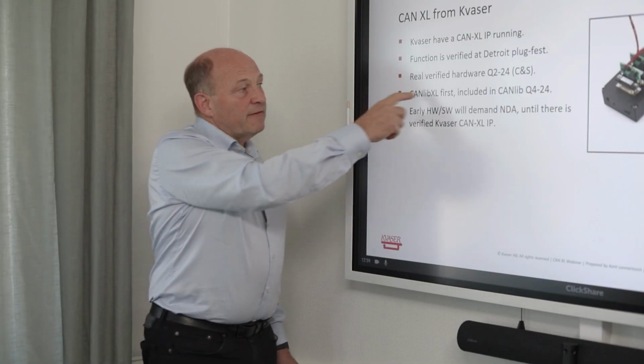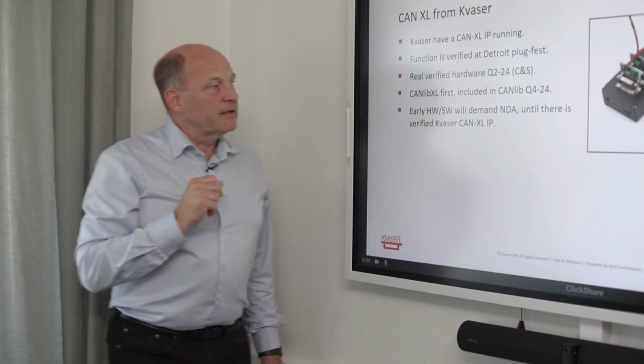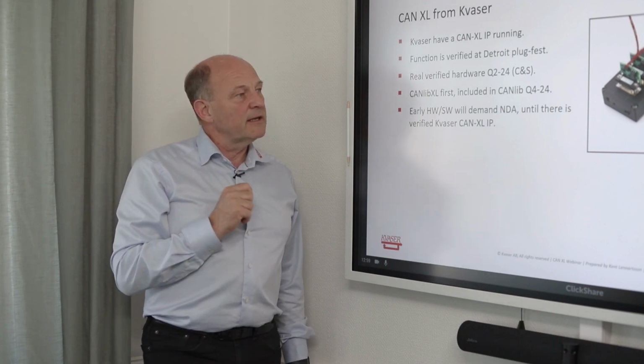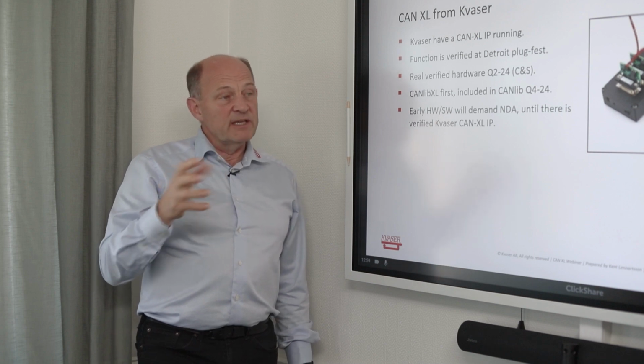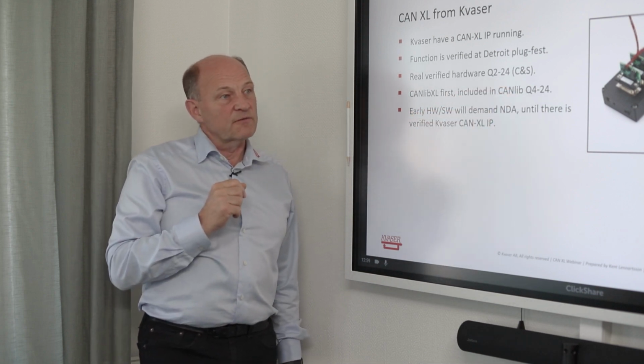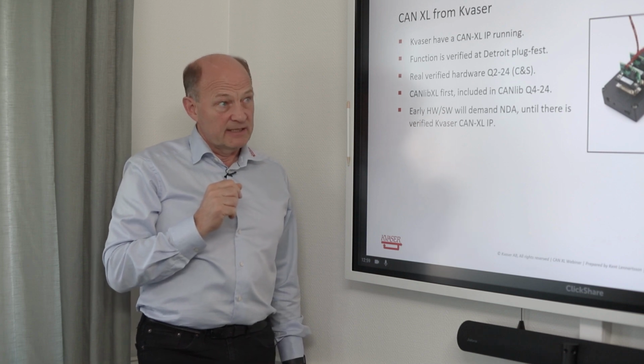And we are working, we have a CANlib XL now, so we can send and receive CAN XL frames. But again, there will be some work before we expect, in about 1 year, that the software department has implemented this in CANlib.